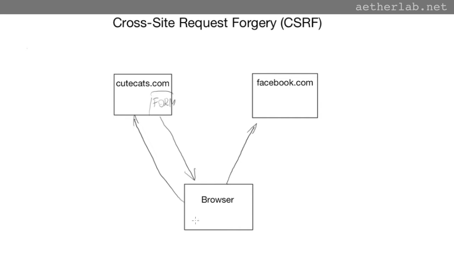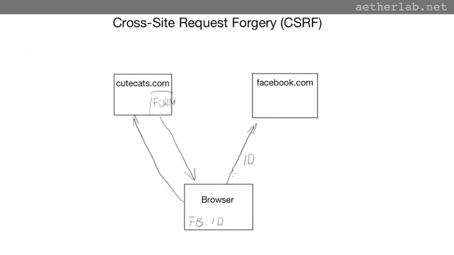Since there was already a session ID for Facebook in the browser, this will be automatically attached to the request. So basically Facebook will think that this request really originated from the user of this browser.